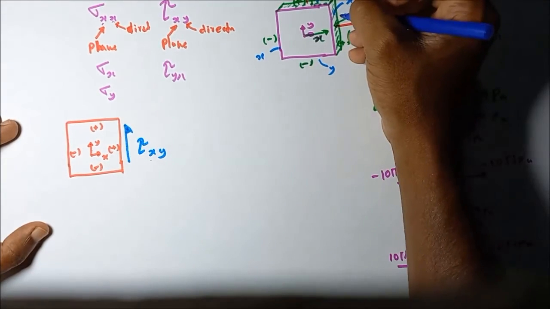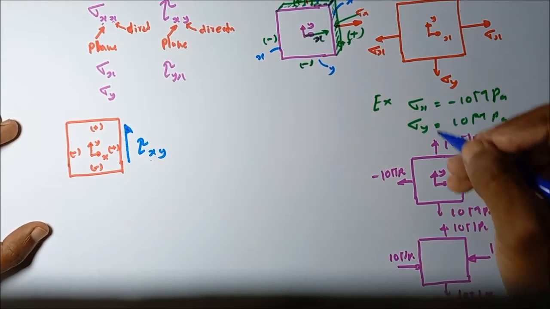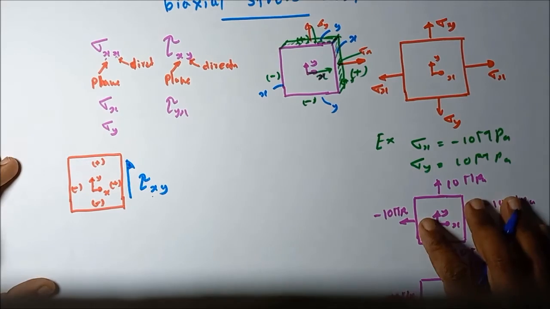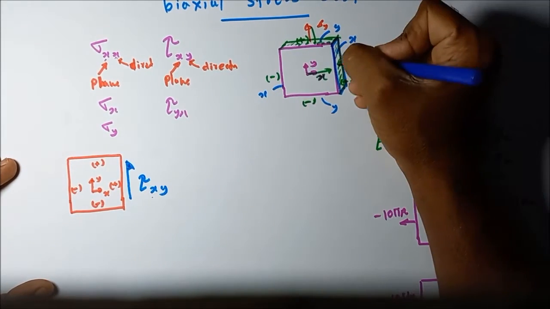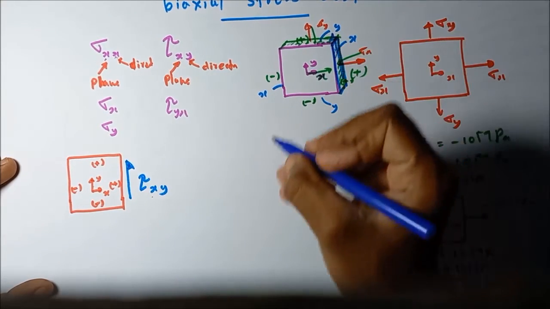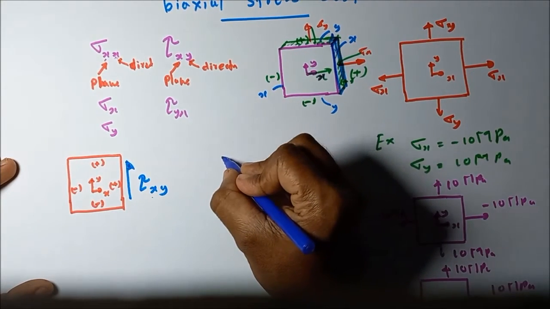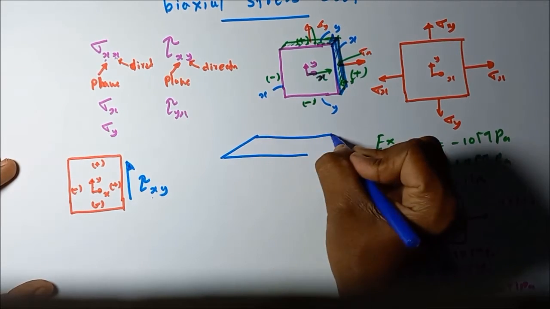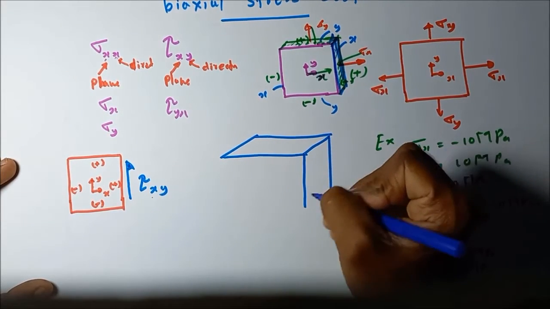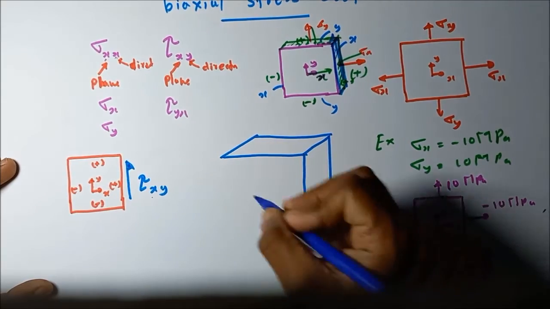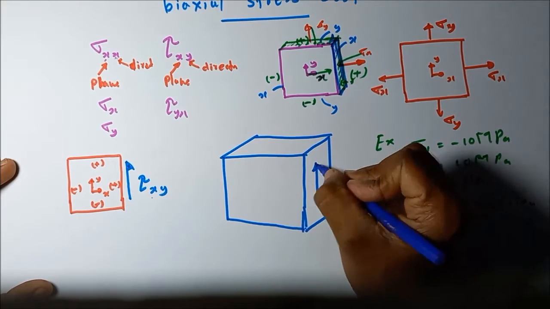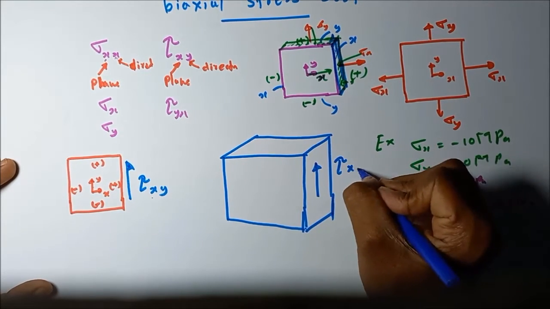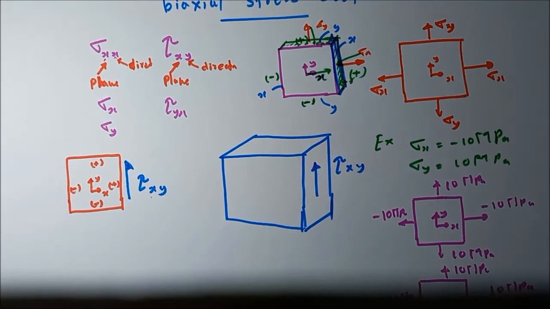That means the stress acting on this plane, the considered plane, is acting in this direction. Let me draw it very clearly. Let's assume it has this kind of finite dimension. This is the stress tau xy we are marking.